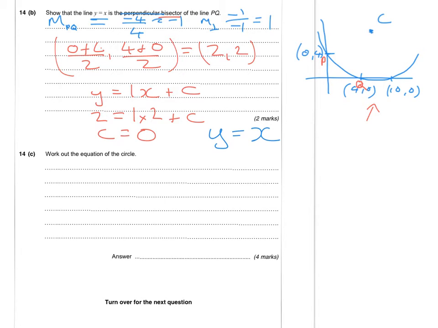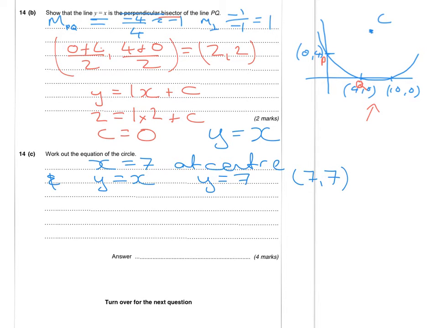Work out the equation of the circle. Alright, so we have the line x equals 7 at the centre, and y equals x. So y equals 7 at the centre. So our centre is (7, 7).